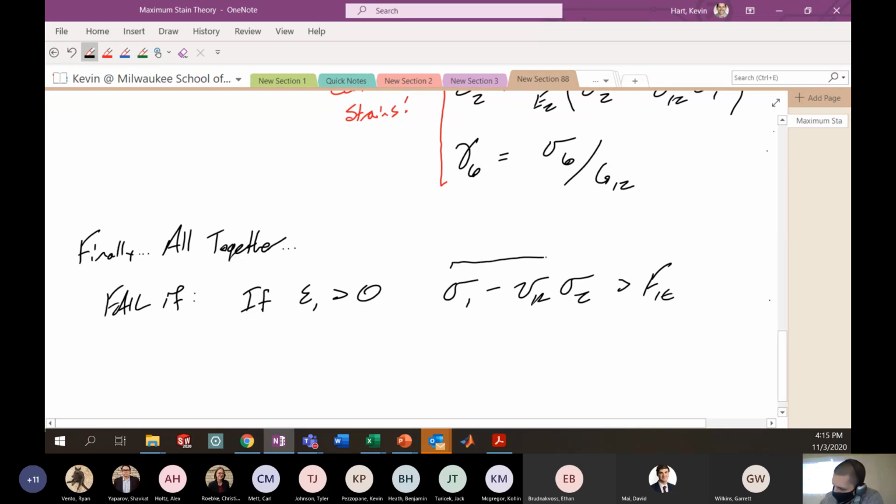This is like the current state of strain, except I've taken out the modulus bit. Like that which would cause failure, except I've taken out the modulus. Remember that both of these sides, when we write them in terms of strains, are both divided by E1, right? So I've just gotten rid of that.